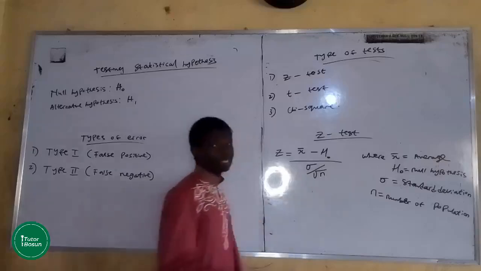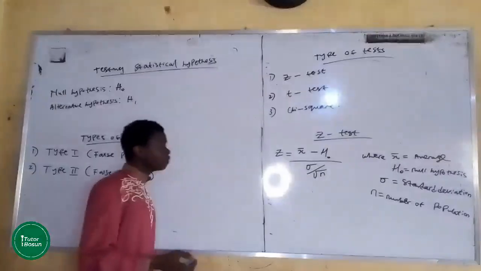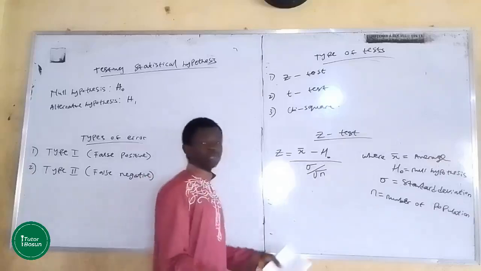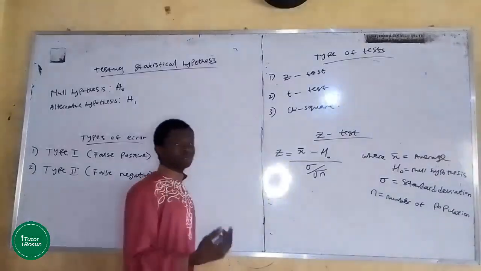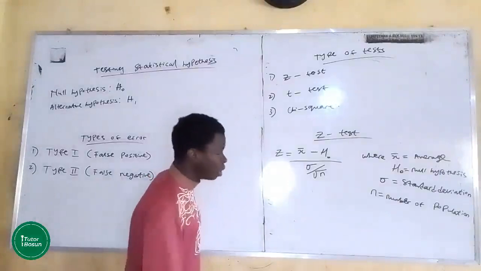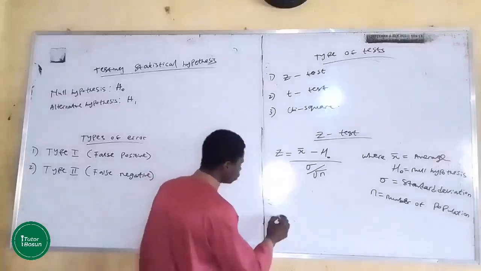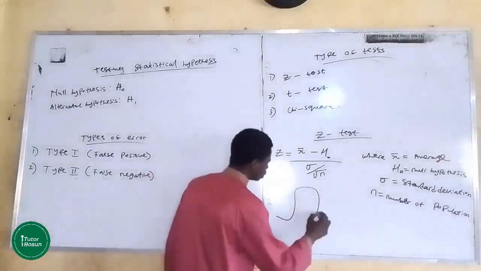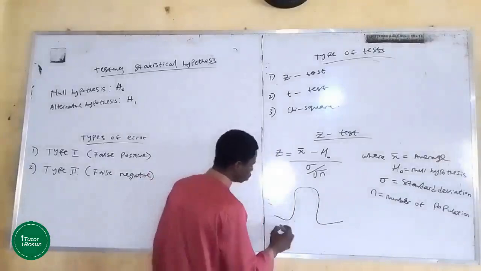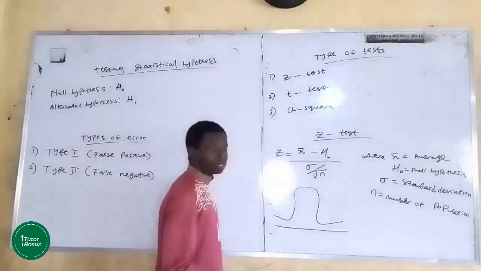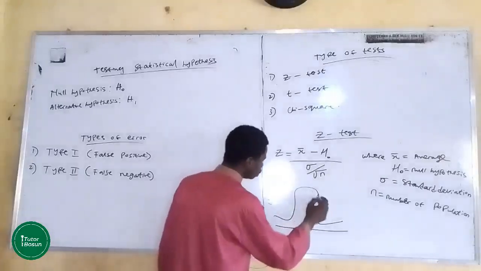It can be anything. After calculating your z, you compare it with your critical value to determine whether you are going to accept or reject the null hypothesis. For example, after calculating your z, you draw your distribution and mark the critical value of z.